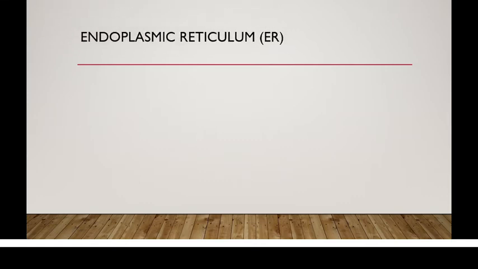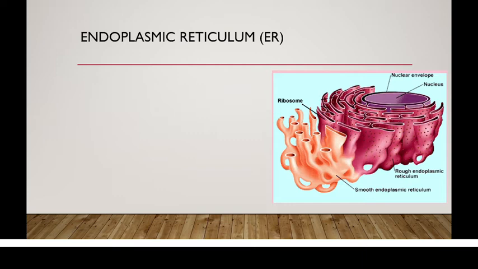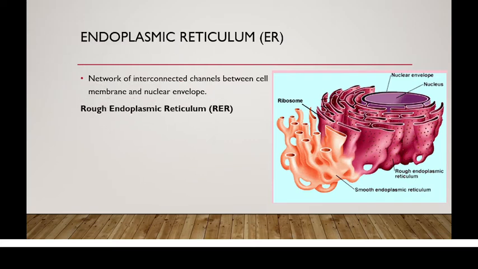What is the endoplasmic reticulum? Here you can see in the diagram that these are a network of interconnected channels which are present between the nucleus and plasma membrane, or nuclear envelope and plasma membrane. There are two major types: rough endoplasmic reticulum and smooth endoplasmic reticulum.